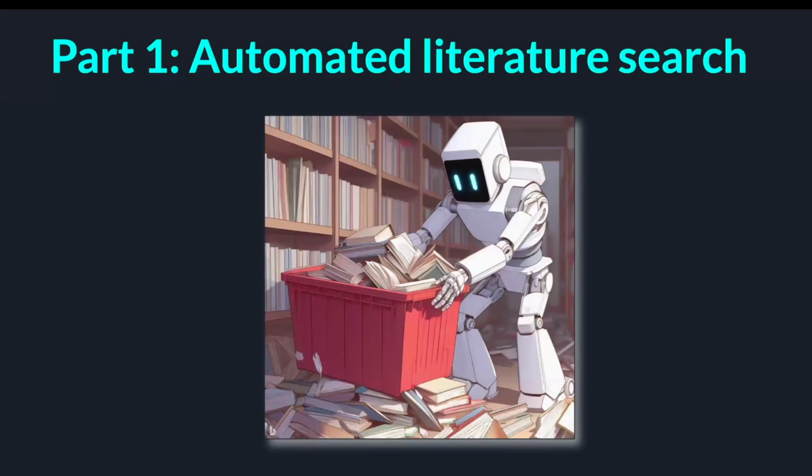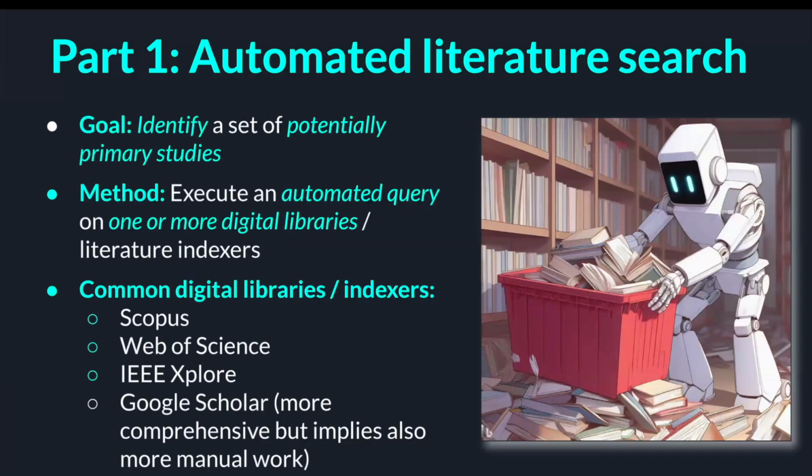The automated literature search. This is usually where you start with finding the potentially primary studies, right? And again, not rocket science, it is used to identify the potentially primary studies and how, well, you just search on a search engine. You have an automated query, find papers that include green AI in the title or whatnot, on one or more digital libraries.